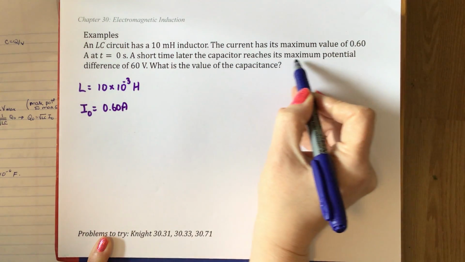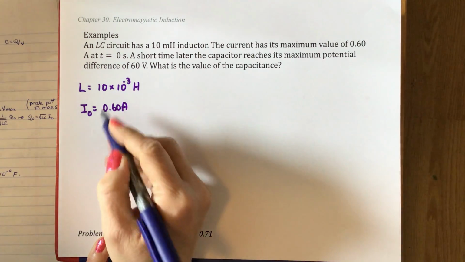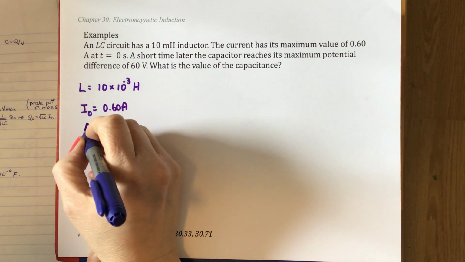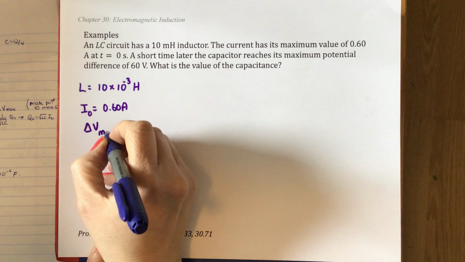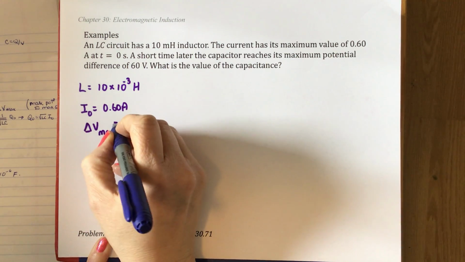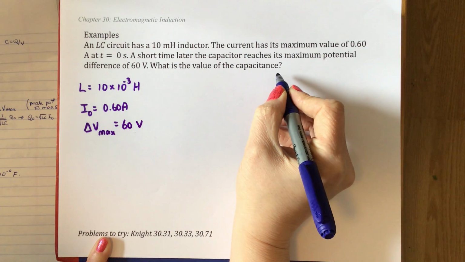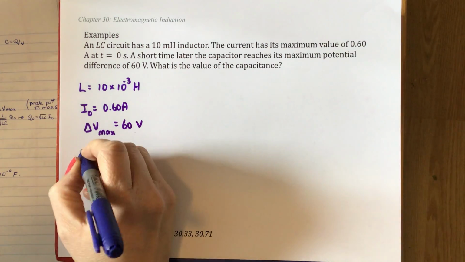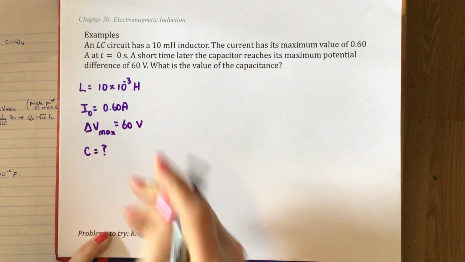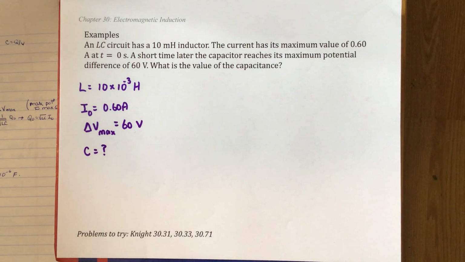A little while later, the maximum potential difference is 60 volts. Delta V, I'm going to write maximum on here so we don't forget that that's the biggest. And we're asking, what is the value of the capacitance? What is C?